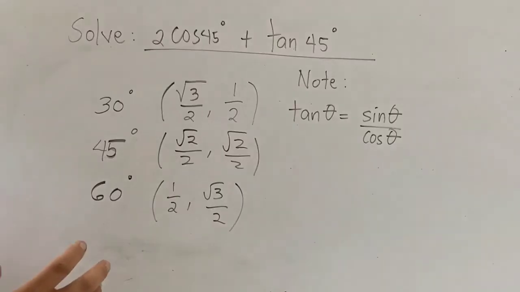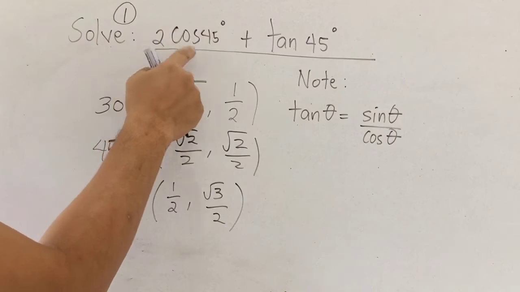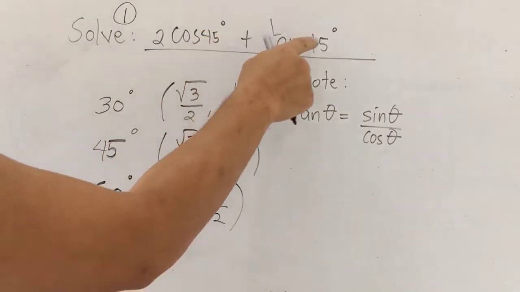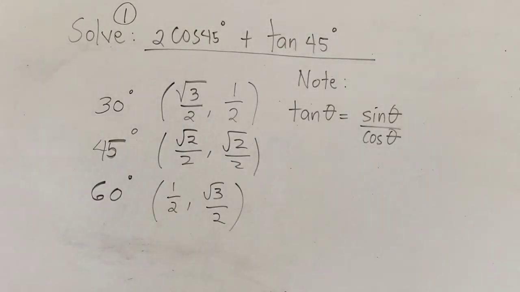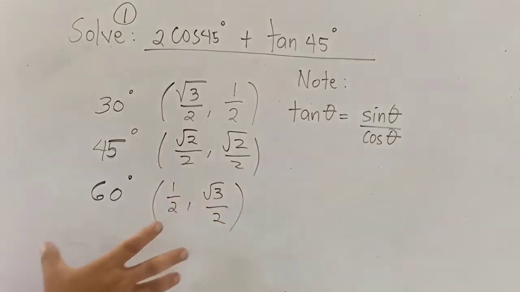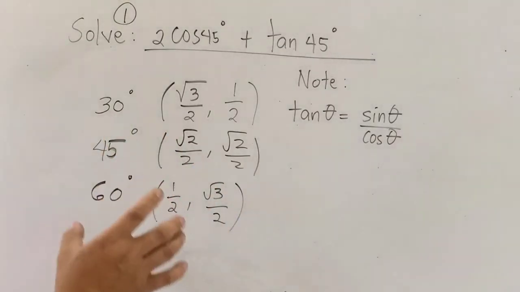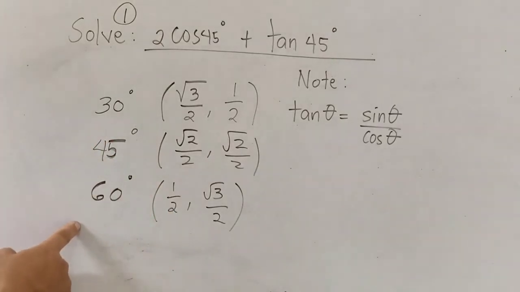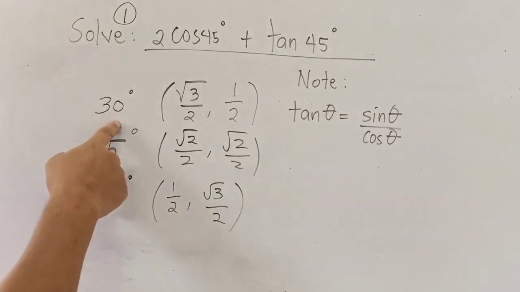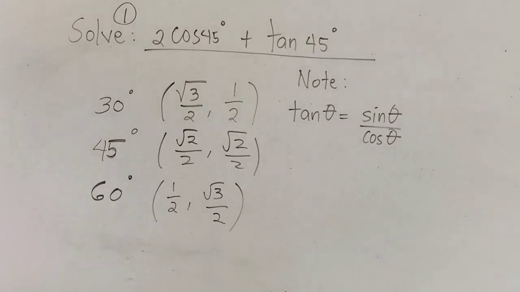We are going to solve given number 1, 2 cosine 45 degrees plus tangent 45 degrees. Now, we're going to memorize the trigonometric coordinates of the given special angles: 30, 45, and 60.